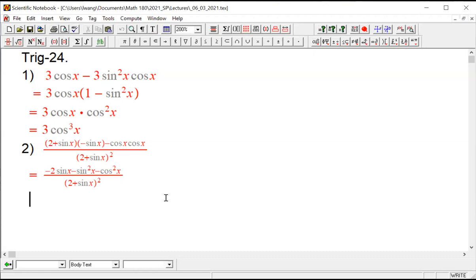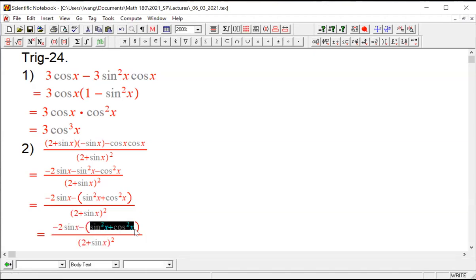And then one step further, you can factor out the negative sign in between these two terms. You're gonna have a negative of sine x squared plus that. And the rest, you just apply that 1. So this guy equals to 1.